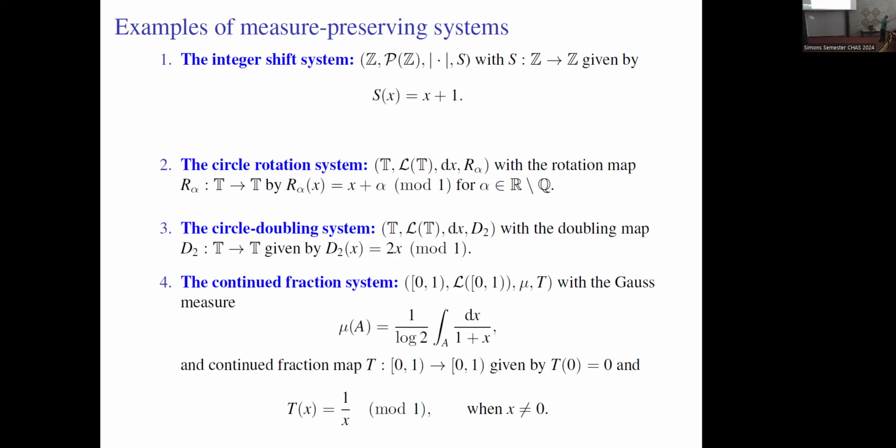And this is obviously a measure preserving system because counting measure is translation invariant. That can be easily checked in this context.